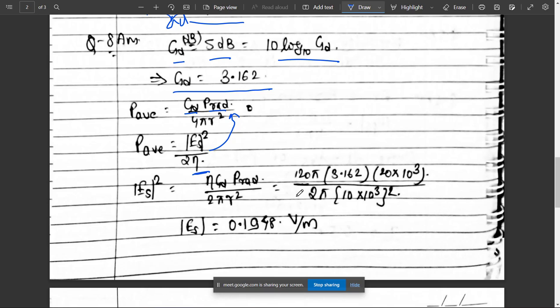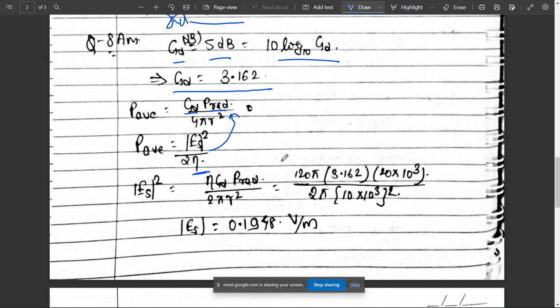Eta is not given, ma'am. Eta is not given, but eta is a constant, right? It's the free space impedance.